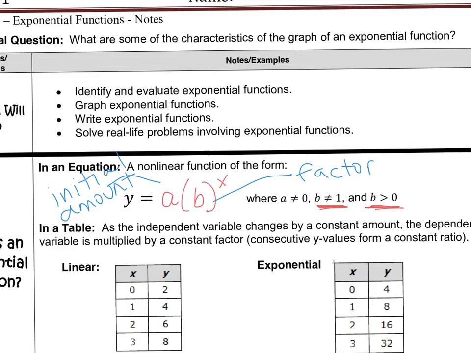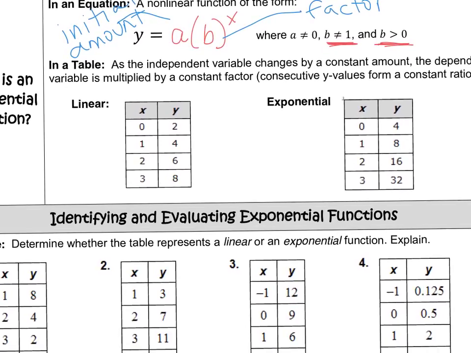Now let's just look at what the difference is between an exponential function and a linear function. So when we look at this linear table, what's happening is every time I'm adding 2. So we've got a constant rate of change of adding 2 every single time. But when I look at my exponential, you could look at the first one and go, hey, well, we added 4, but that's not what we did the second time.